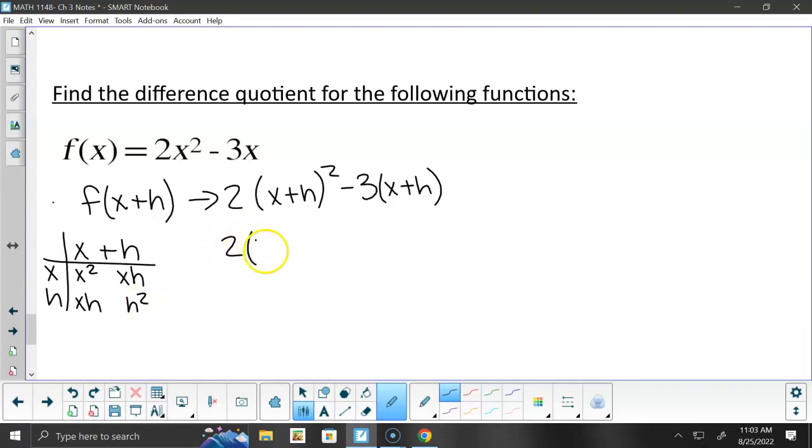So I've got 2. All right. I'm going to simplify that monster down as much as I possibly can. So 2x squared plus 4.